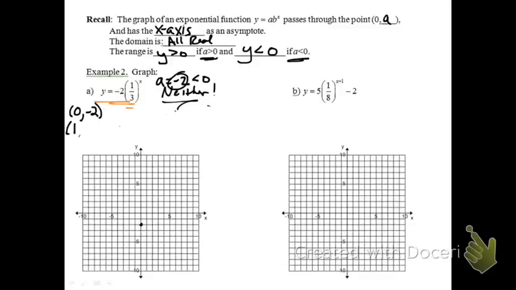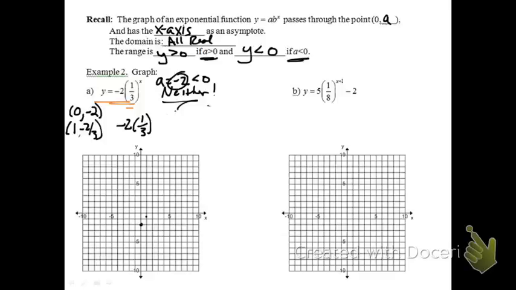If we plug in 1, this would be -2 times just 1/3, which is -2/3. So if I plug in 1, -2/3 is like -0.7 if we had to round to one decimal place.